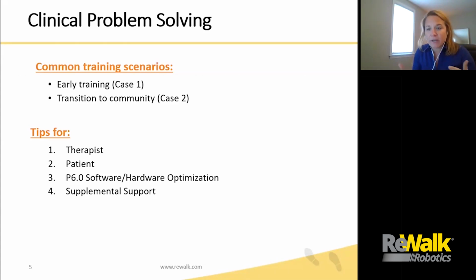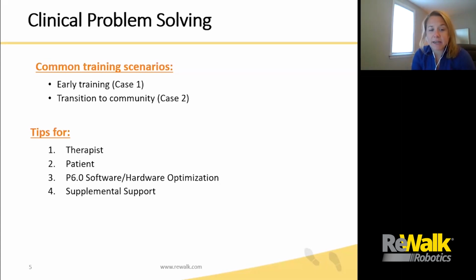We're going to take all that and bring it to use. So we've been using the ReWalk in the rehab setting, and I know most of you are probably pretty comfortable with that piece of it at this point. But what we want to talk about here is getting even more comfortable with getting patients started in the early phases of their rehab, and also with progressing them to getting it actually into the community.